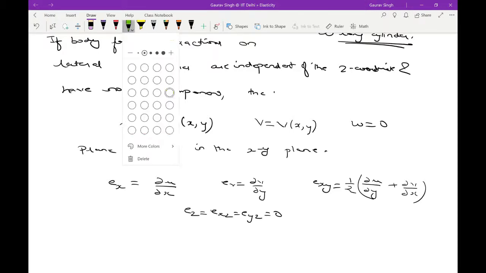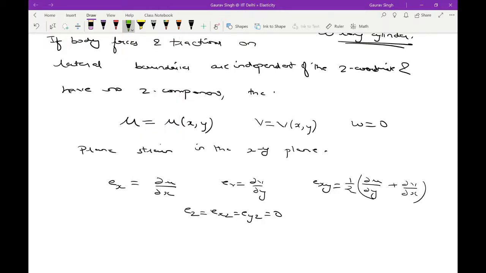I will just show you how this will happen. So if you look at the strain displacement relations, for example, if you look at the strain displacement relation Eyz, it should have been half of dou V by dou Z plus dou W by dou Y. Now V is a function of only x and y, so if you partially differentiate it would be 0.